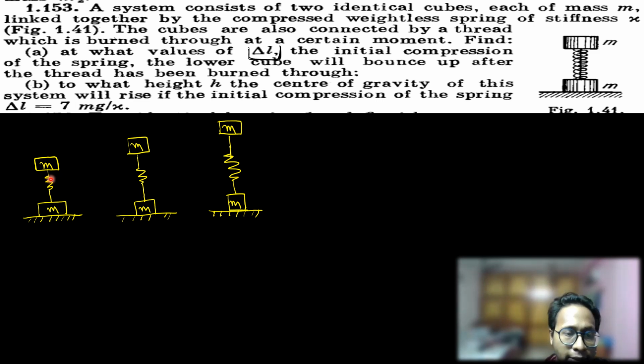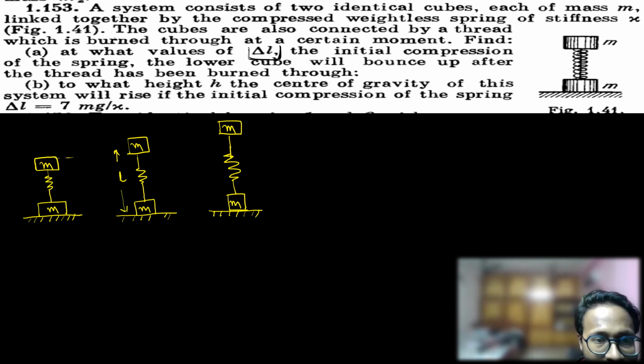That means the spring force on the bottom block is downward and the spring force on the top block is upward. At natural length, the spring force becomes 0. When the spring is stretched, the spring force on the upper block would be downward and the spring force on the bottom block would be upward. So let this be the natural length of the spring.